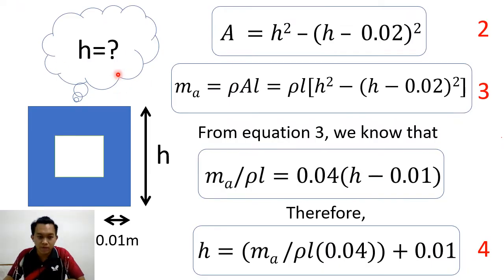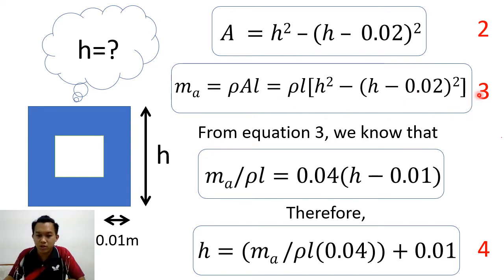So, what is the value of h? To find the value of h, first we have to look for the equation for the area. The equation for the area is equal to h power of 2 minus (h minus 0.02) power of 2. Let this be equation 2. The mass of the column is equal to rho times area times length. By substituting the area equation into this, we get equation 3.